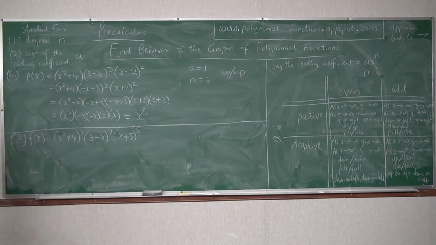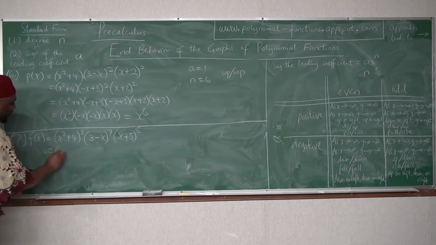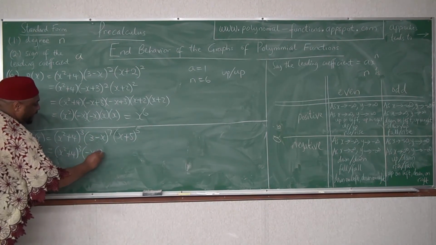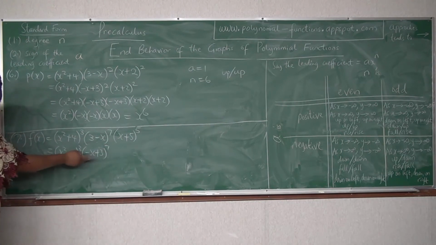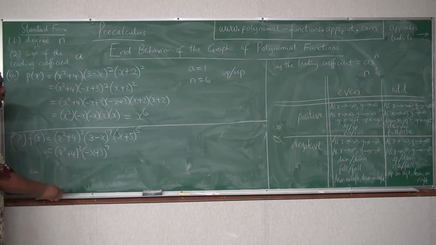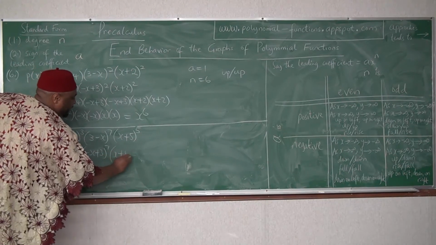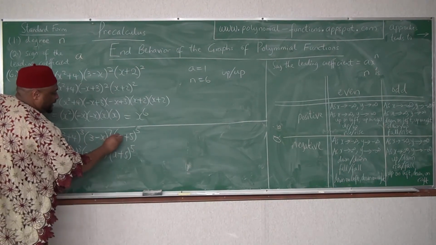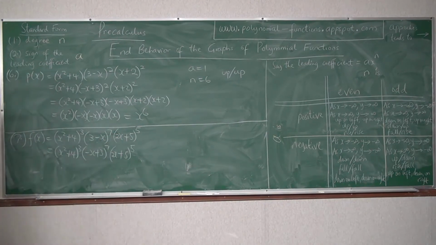Okay folks, how about this now? So this is now x squared plus 4 all cubed minus x plus 3 all 7. You want to put this in standard form. Then x plus 5 all 5. Actually, let me do this 2x plus 5 all 5.